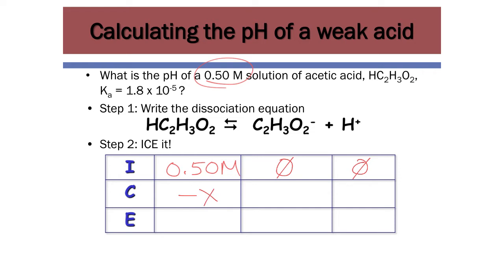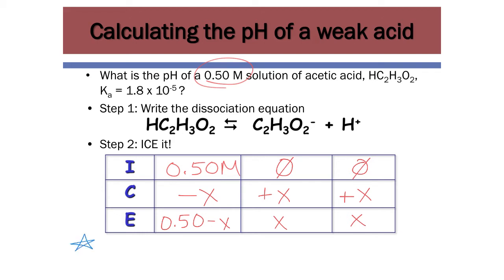We're going to be losing the acid and gaining the acetate ion and hydrogen ion. So then at equilibrium, our concentration of the acid would be 0.5 minus x, the acetate ion would be x, and the hydrogen ion would be x. Now we can do our favorite assumption.